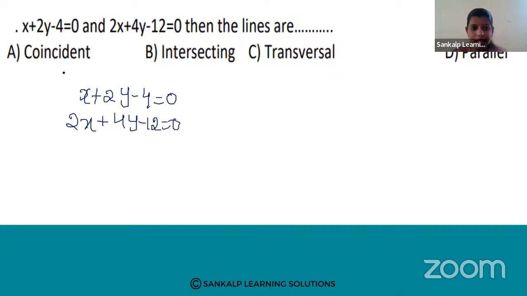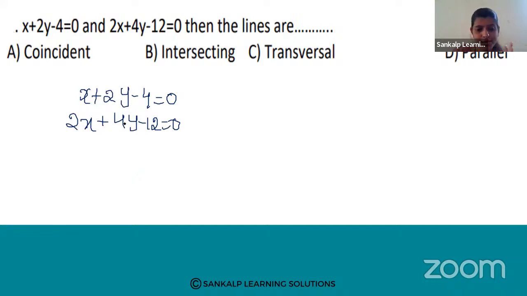Then the lines are whether coincident, intersecting or parallel. Everyone try it and see which result you will get. When you get this type of question, how are you going to solve it?